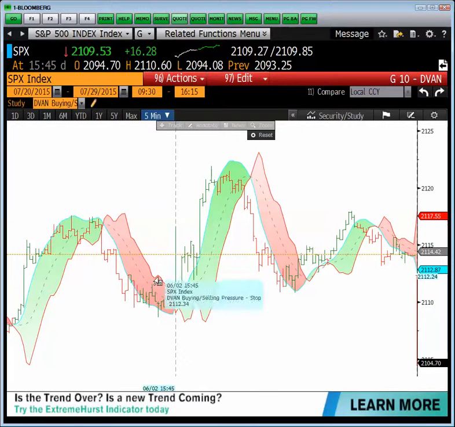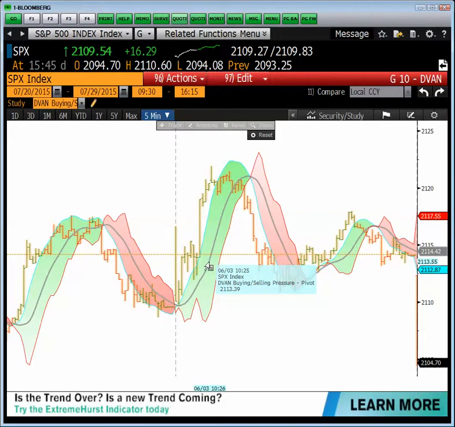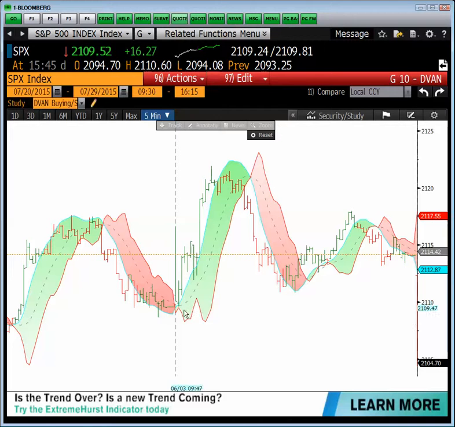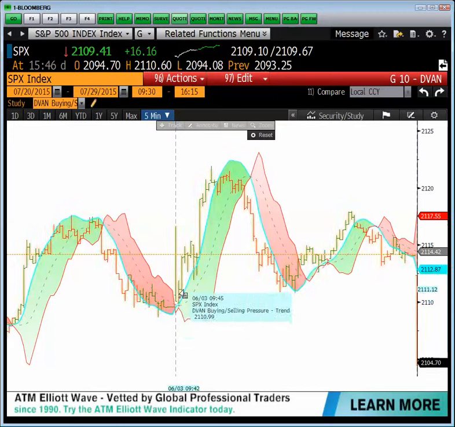Now back to the 3 lines. As I mentioned, the light blue line is the trend line and the gray dotted line is the pivot. These lines work together in that when prices cross above the gray dotted line, the pivot line, it turns the trend line up. So the pivot line is plotting the price point 1 period forward at which the trend line will change directions.